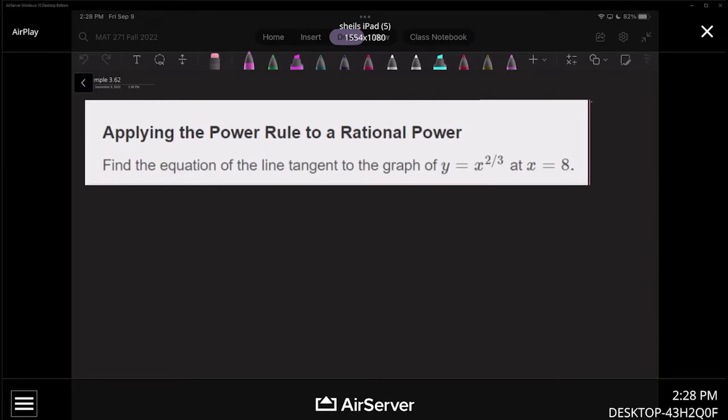Find the equation of the line tangent to the graph of y equals x to the 2/3 at x equals 8. So we can find y prime very easily here. Y prime is 2/3 times x to the negative 1/3.